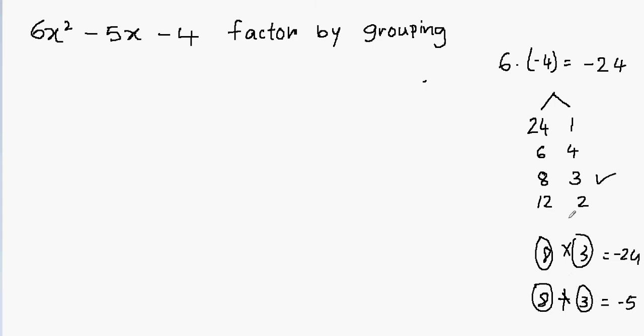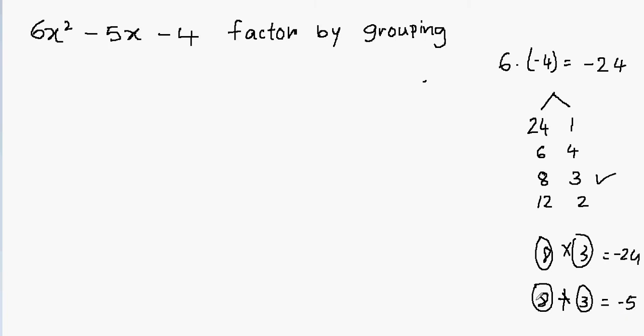If you're adding a positive and a negative number and your answer is negative, which number is larger? Is the positive number larger or the negative number larger? Well, the negative number will be larger. That's why you're keeping the negative sign here.